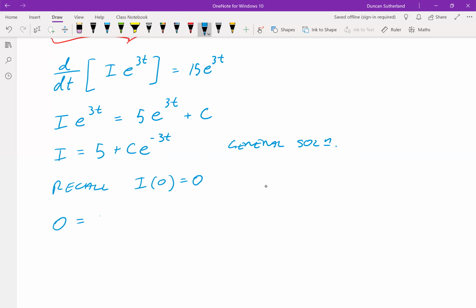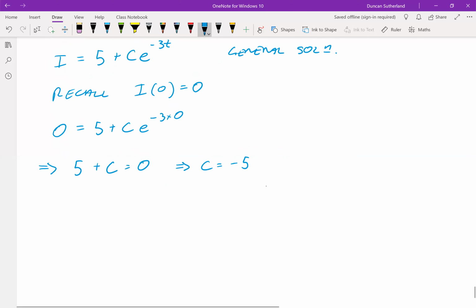0 equals 5 plus C e to the minus 3 times 0. 5 plus C equals 0, because e to the 0 is 1. And we find that C is equal to minus 5.